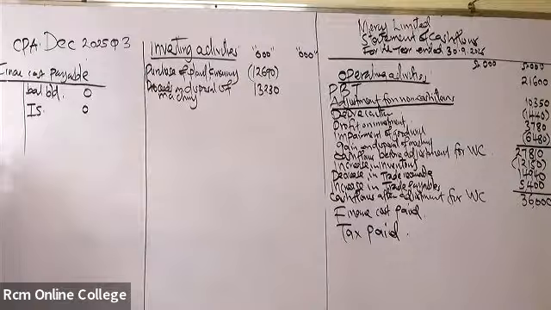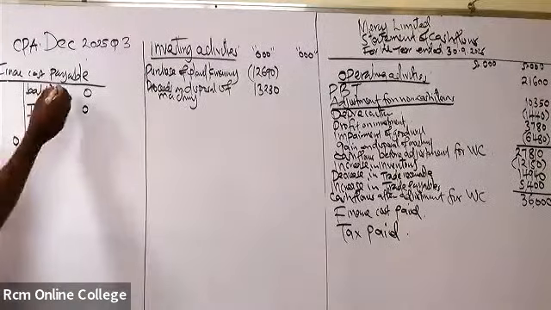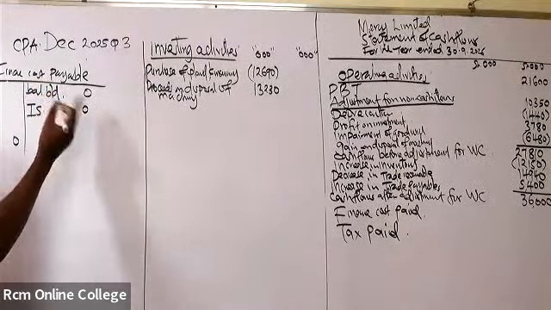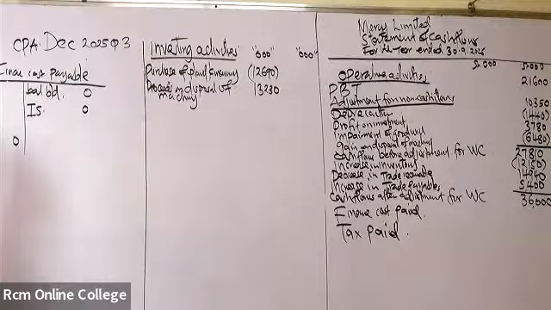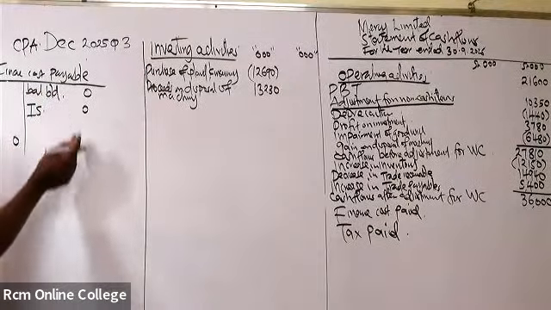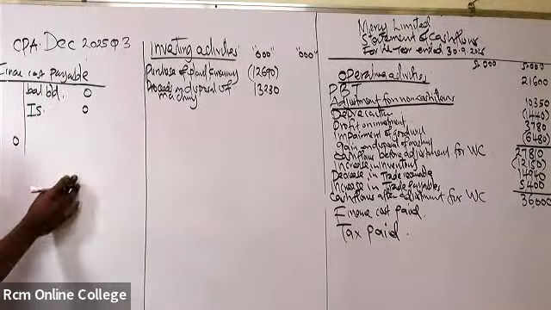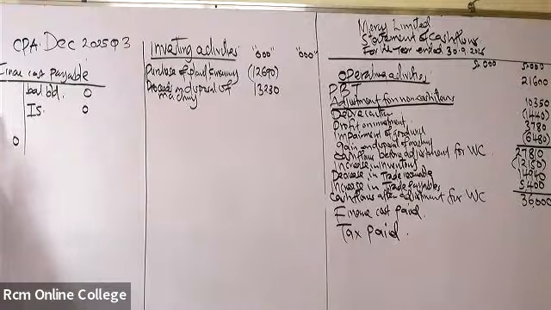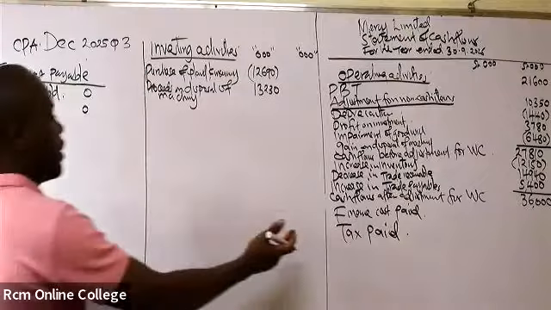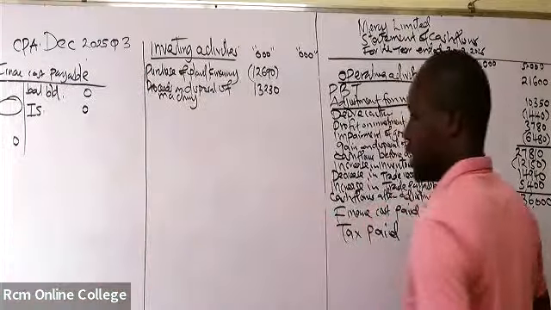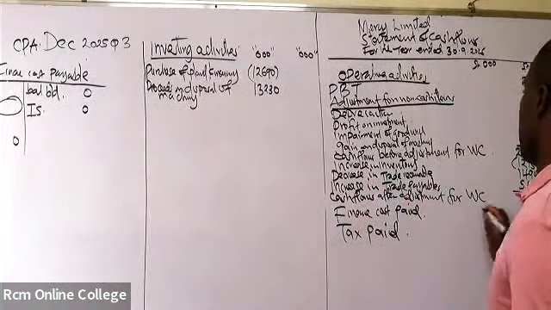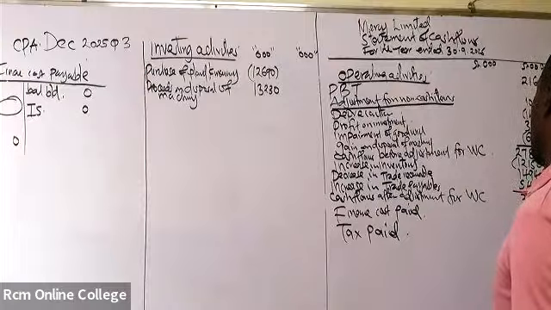Do we have balance carried down? There is none. So automatically it means there is nothing like finance cost payable that was paid, because we have to balance this account. Balancing this account means there's an amount that was paid via the bank, which will be recorded as finance cost paid. So this one is not existing in our question.